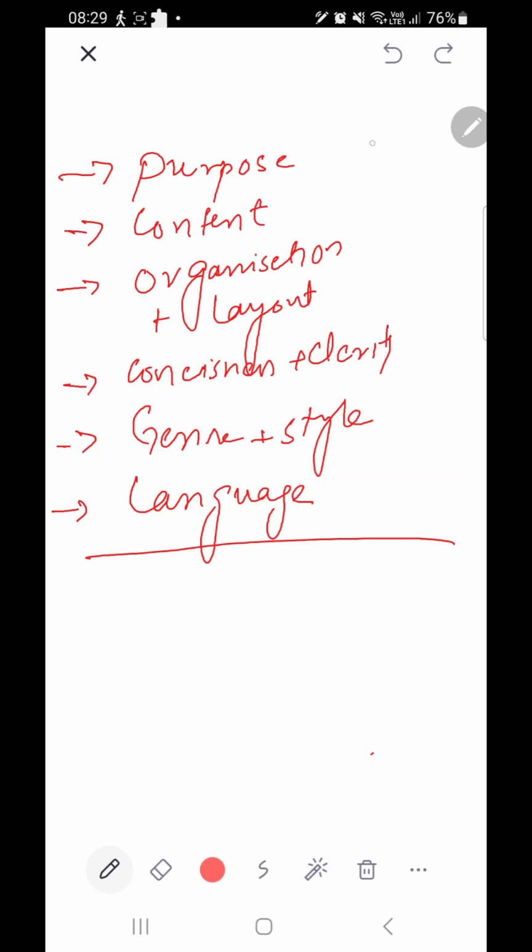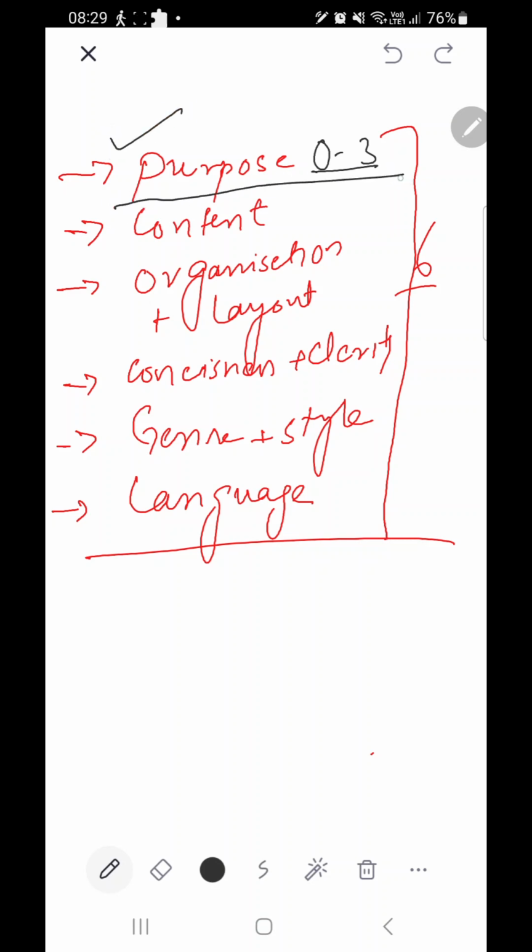Anyhow, I just discussed some points with you. Now, on the basis of these 6 points, your writing will be marked. There is weightage for each, 0 to 3 for purpose, which is the most important thing according to them.